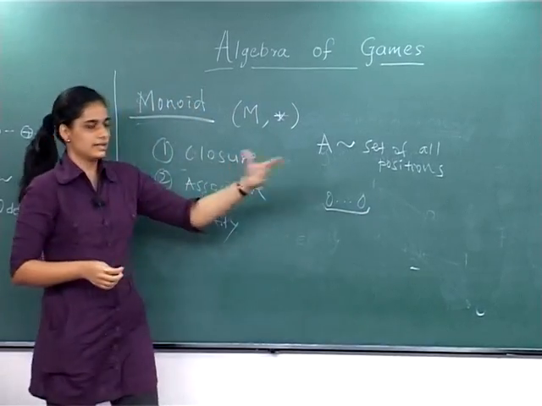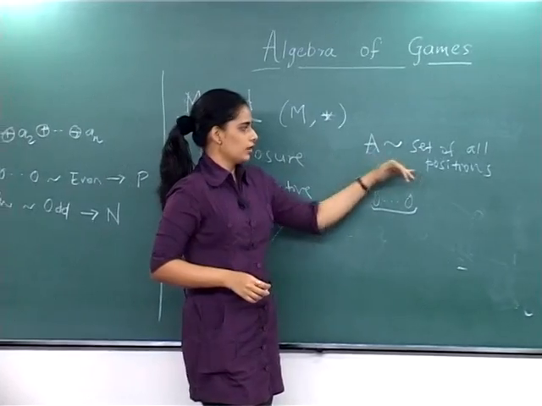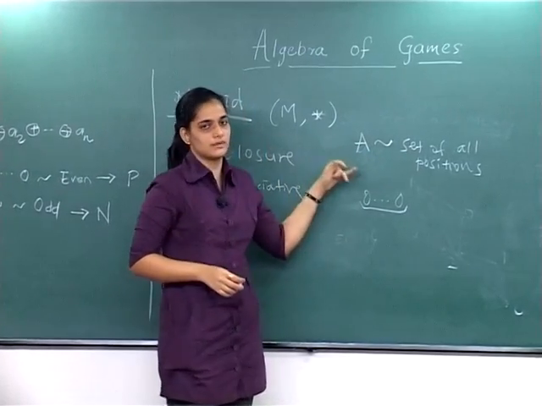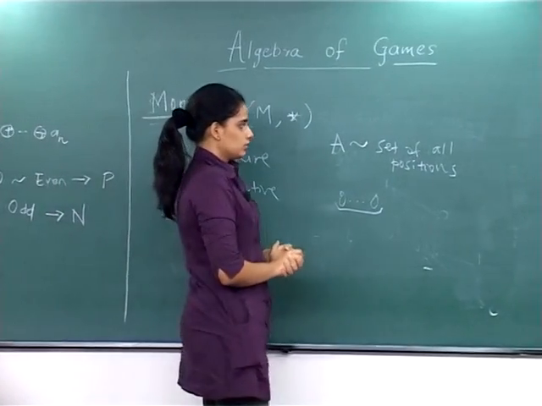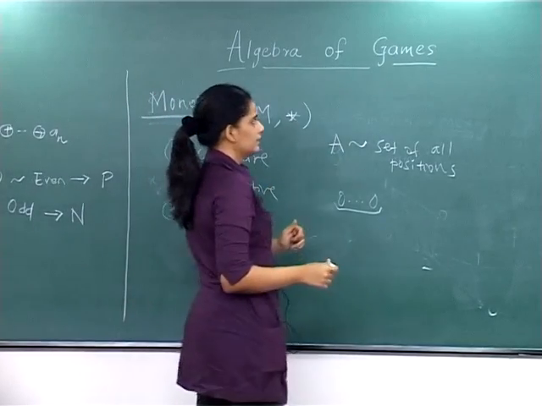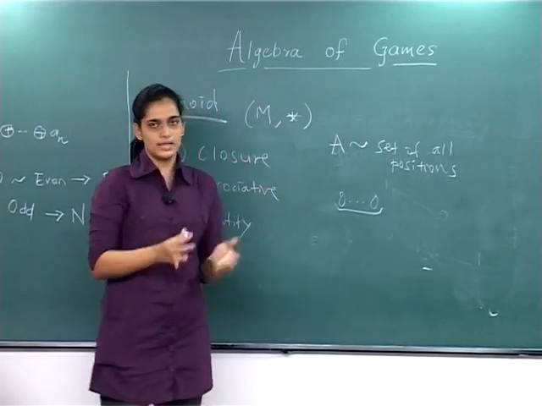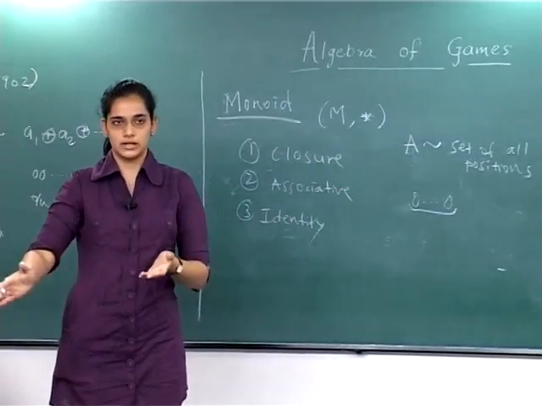I'll give you an example, it will be more clear then. So the set of all positions forms a free abelian monoid. Abelian means commutative. Here, what we are interested in is, given a position, I should be able to map it to its outcome.